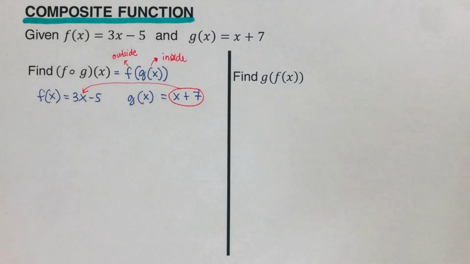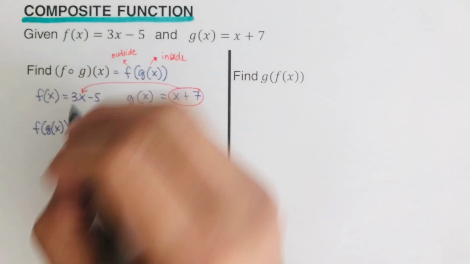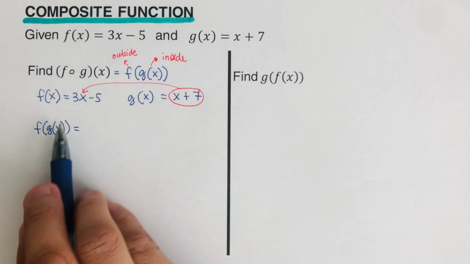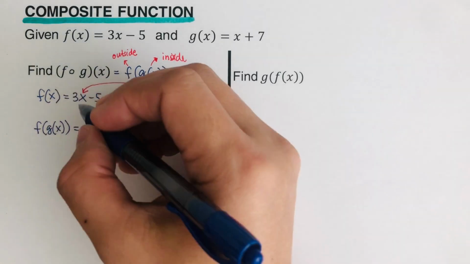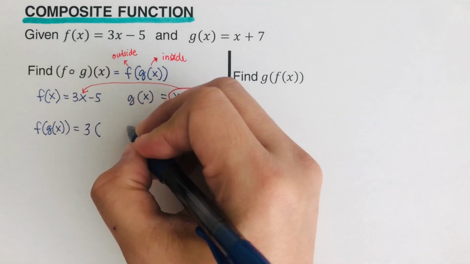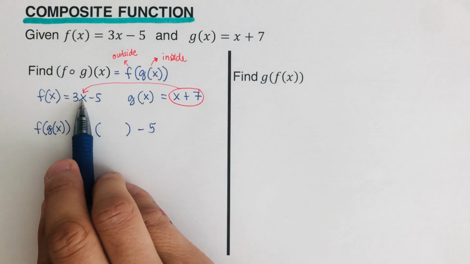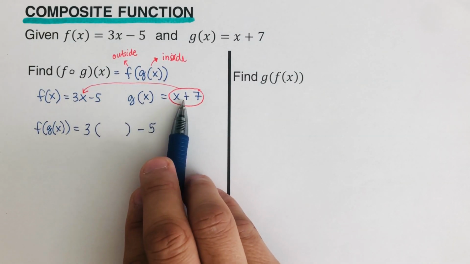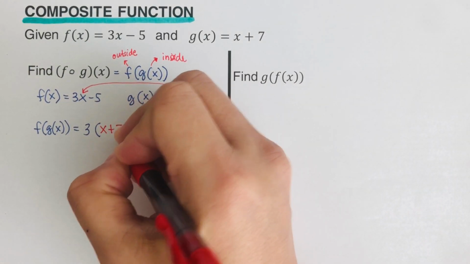So we can rewrite this as f of g of x, which is this function right here, the one we're going to use. That's 3 parentheses minus 5. The one we put into the x is the g of x, which is x plus 7, so I'm going to write x plus 7 right here.